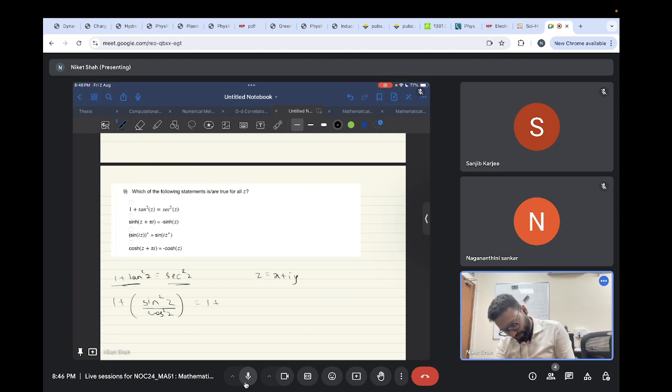this will be 1 plus sine square z. What is sine z? Sine z is equal to e power iz minus e power minus iz divided by 2i. Is it?